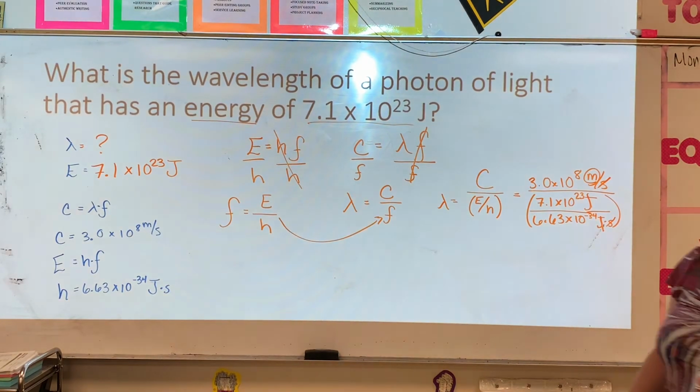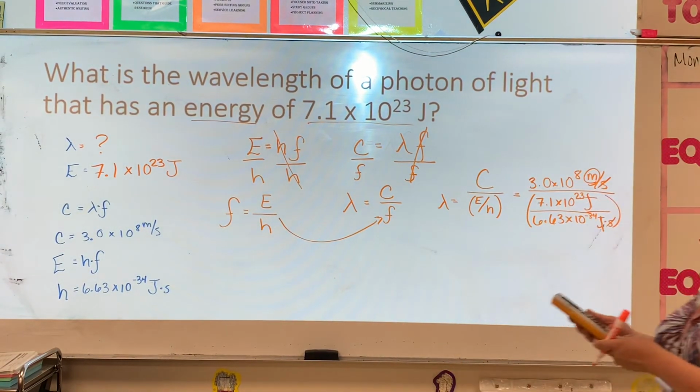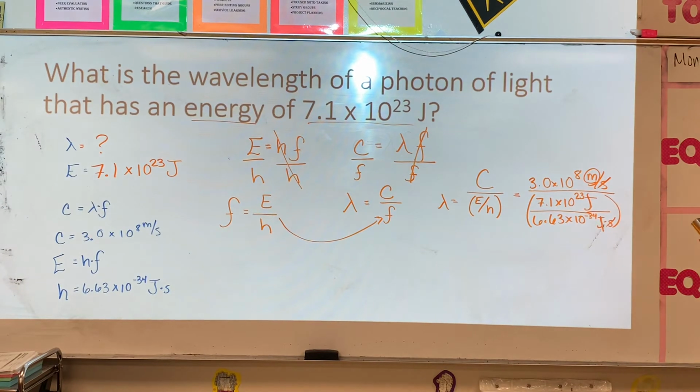All right, so in my calculator, I'm going to do 3.0 second, comma 8, divided by parentheses, don't forget that parentheses, 7.1 second, comma 23, divided by 6.63 second, comma negative 34.